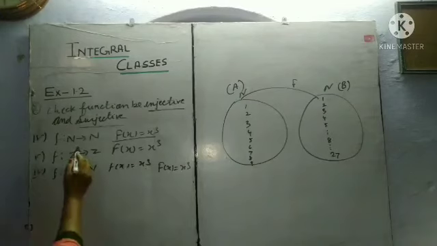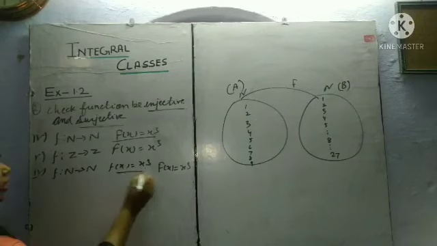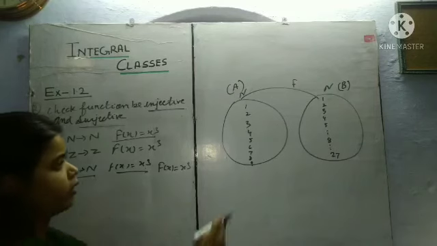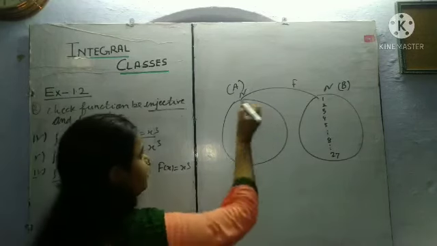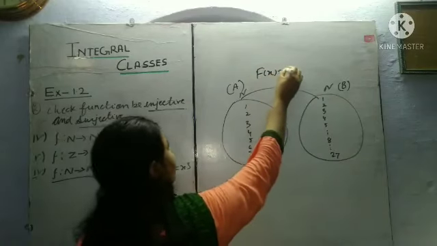Question number 4, the fourth part of question number 2: f(x) is equal to x cube, and the function is defined from N to N. Now if we draw its Venn diagram, then the function is f(x) equal to x cube.